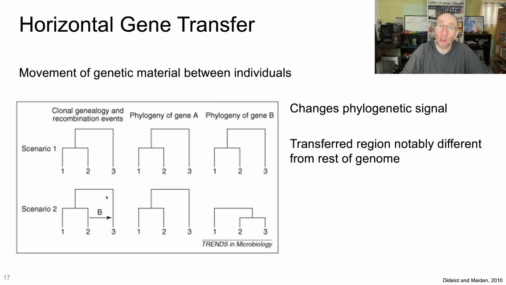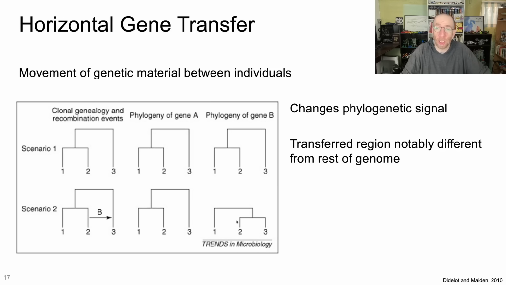In scenario 2, we have horizontal gene transfer of gene B from lineage 2 to lineage 3, which means this node right here, the branch point of 1 and 2, becomes the most recent common ancestor for gene B. So we get the expected phylogeny for gene A, but we get a different phylogeny for gene B due to the horizontal gene transfer between 2 and 3.